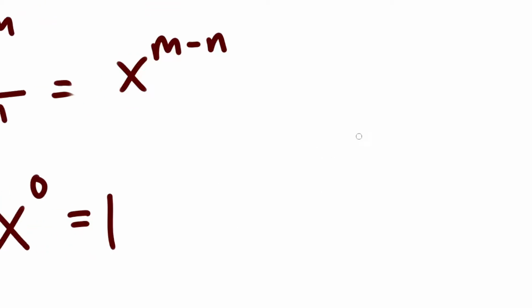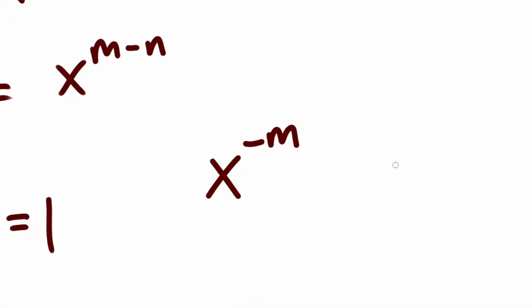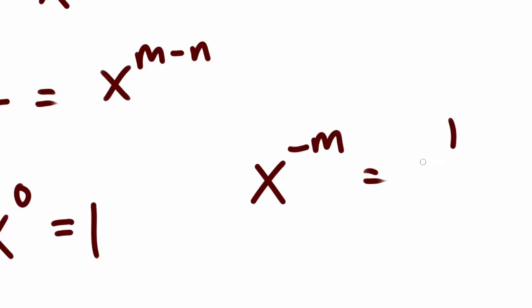And then if you have x to the negative m, that's exactly the same as saying 1 over x to the positive m.